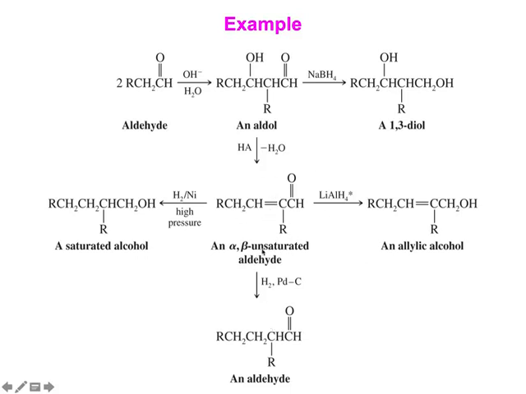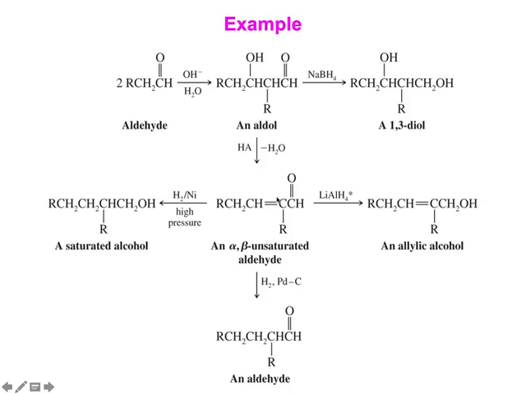So by hydrogenation, you can get the aldehyde. From here we reduce the C double bond O to get the allylic alcohol.